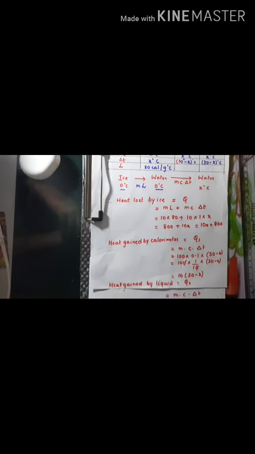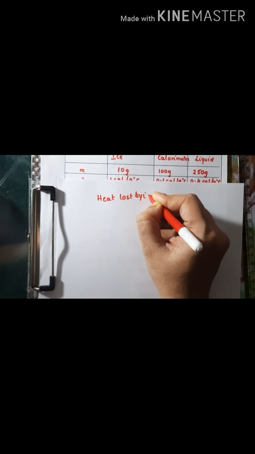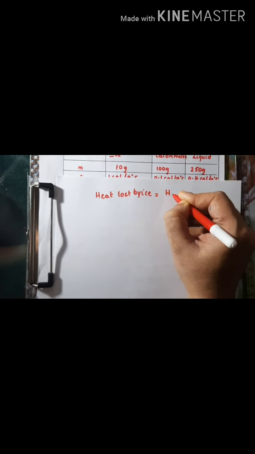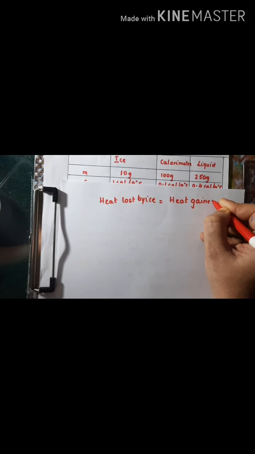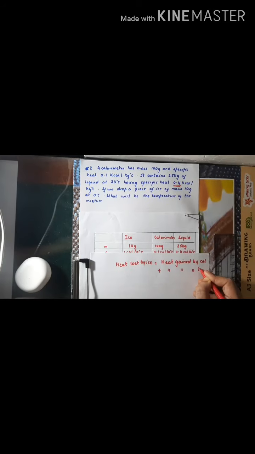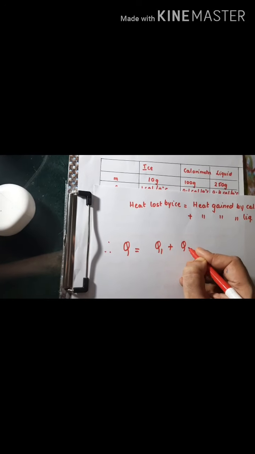So, principle of heat exchange, heat lost by ice equal to heat gained by calorimeter plus heat gained by the liquid. Therefore, Q is equal to Q1 plus Q2.